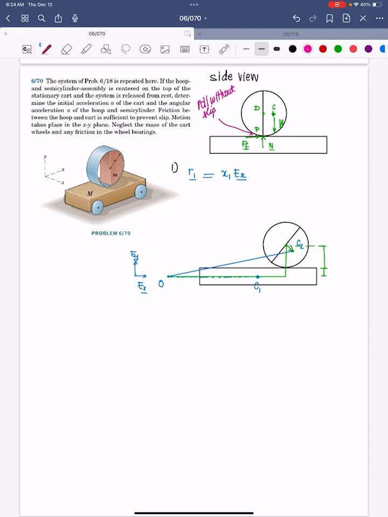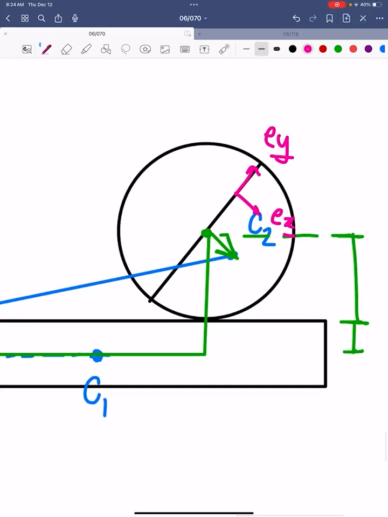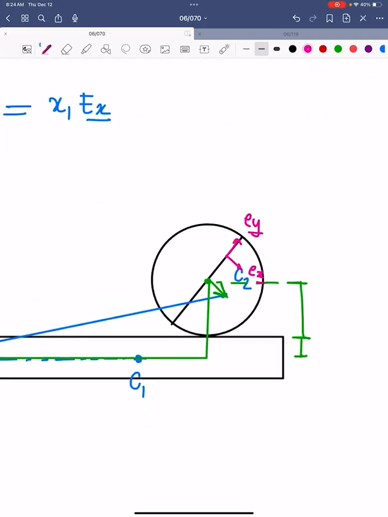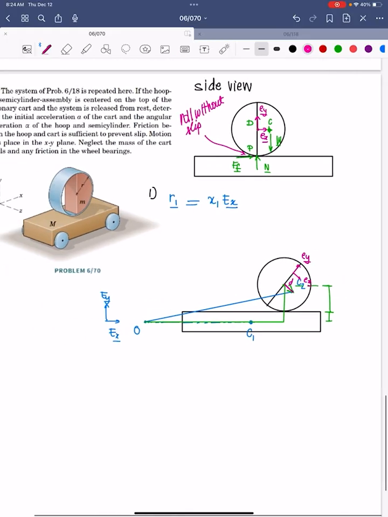We're going to take a co-rotational basis on the disk, EX, EY, and C with respect to D always points along little EX. So in this case, this co-rotational vector is like this. I'm going to zoom in. So this distance, let us call it D for now, points along co-rotational EX.